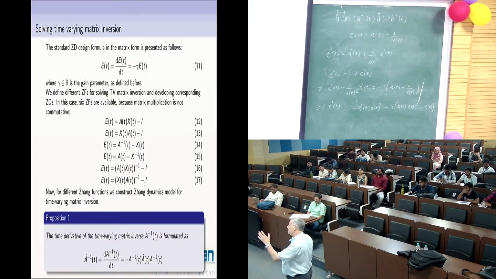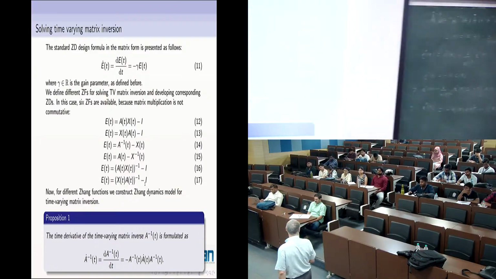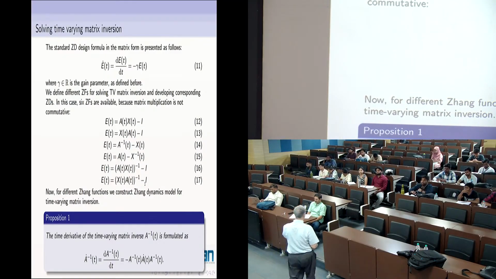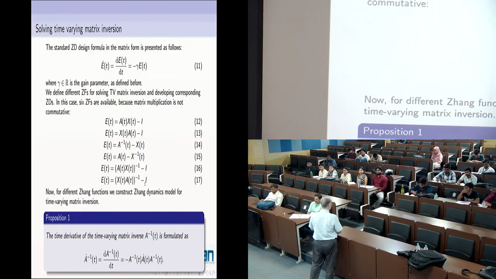We can try to develop a ZNN with the error function 12. The same rules as in the scalar case. Rules are the same.